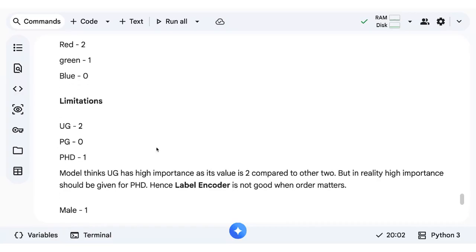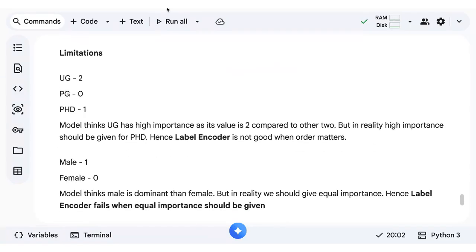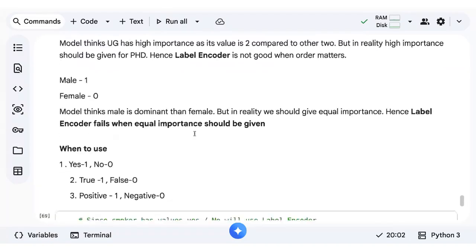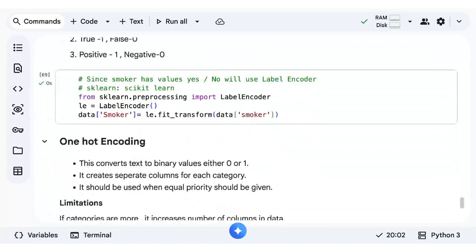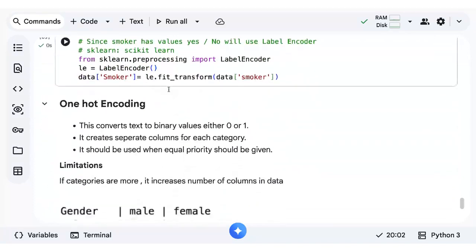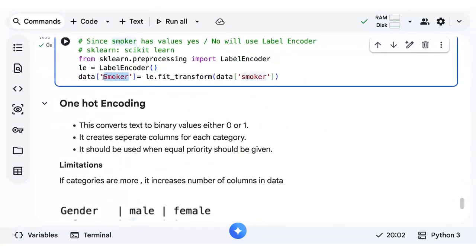Limitations: when order is important, or when equal priority should be given, the label encoder fails, right? So it's always good to use it for yes, no, true, false, positive, negative. In such cases, it performs really well. And we applied label encoder on the smoker column. We created a new column. We'll drop the old one later.